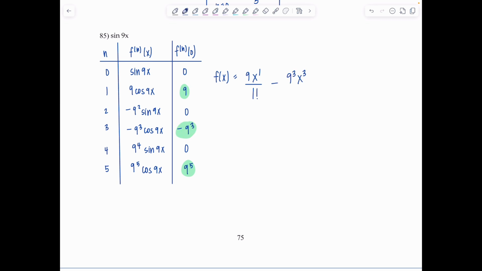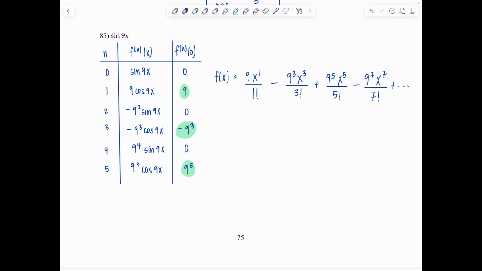If n is 3, it's going to be x cubed over 3 factorial. And then nothing here. Now this is for n equals 5. So plus 9 to the 5th, it would be x to the 5th over 5 factorial. And I didn't keep the table going, but hopefully you can see the pattern, right? It's going to be minus 9 to the 7th, x to the 7th over 7 factorial, etc.